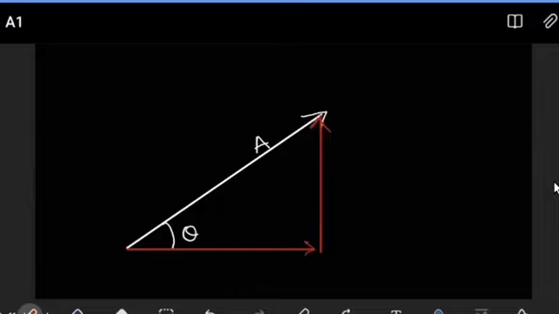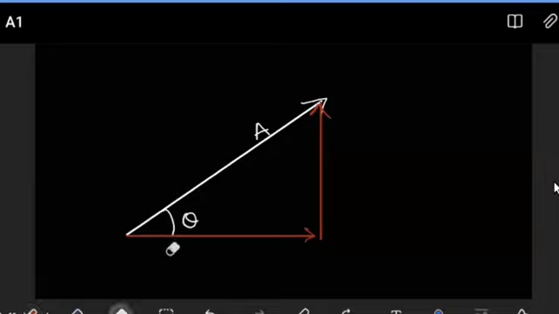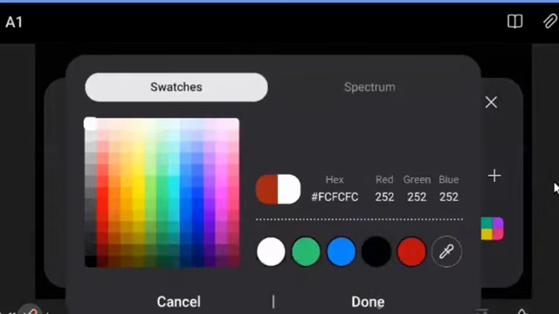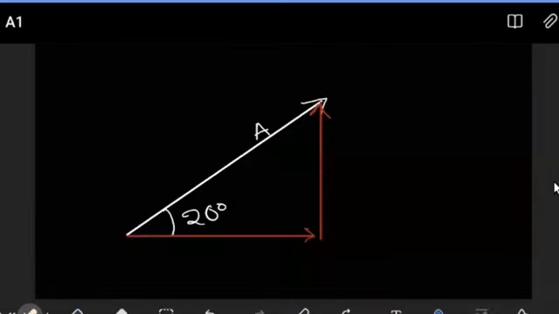Now, I also want to show you a trick or some detail that they might give you. Instead of giving you an angle, they might give you something else, and that information should also be useful in finding the components of a vector. Let's say you have some vector like this. Let's place an angle here of 20 degrees, and a vector of magnitude 100 newtons.